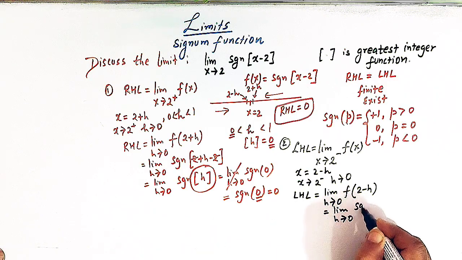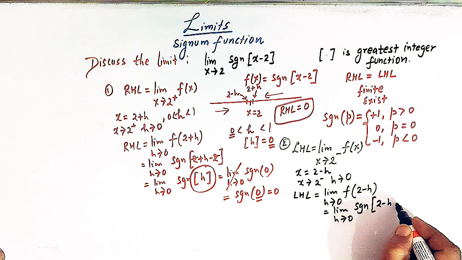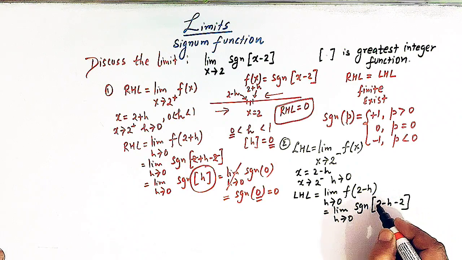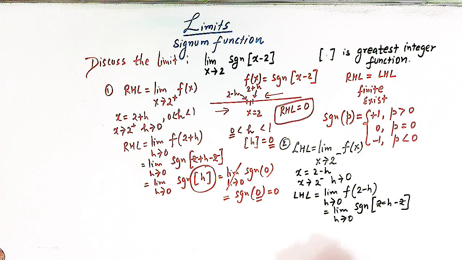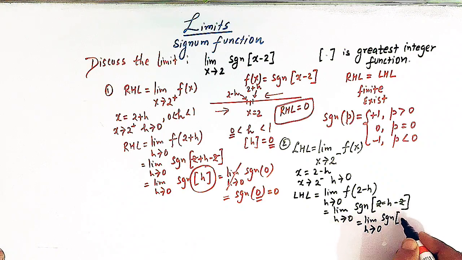So we have signum of greatest integer of 2 minus h minus 2, and now this 2 and this 2 get cancelled, and we have limit h tends to 0 and signum of greatest integer of minus h.